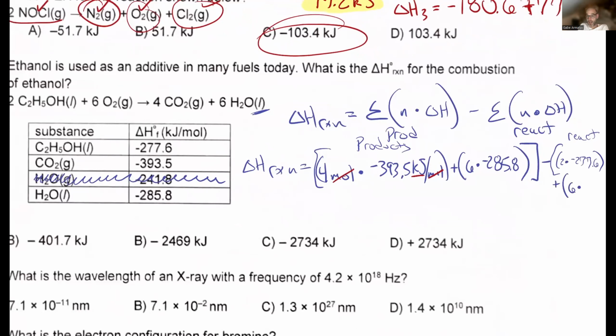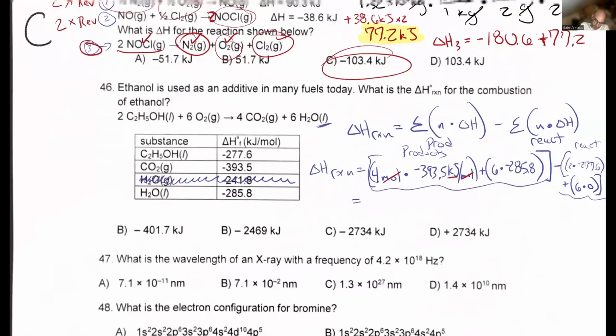We don't have any value for it, but it turns out something in its elemental state, so oxygen, O2 gas, hydrogen gas, H2 gas, fluorine gas, all of those have a 0 delta H of formation because they're already formed, essentially. And so there we go. There's the answer. So you just sum these up, do the math, and for 46, you end up with an answer of C.